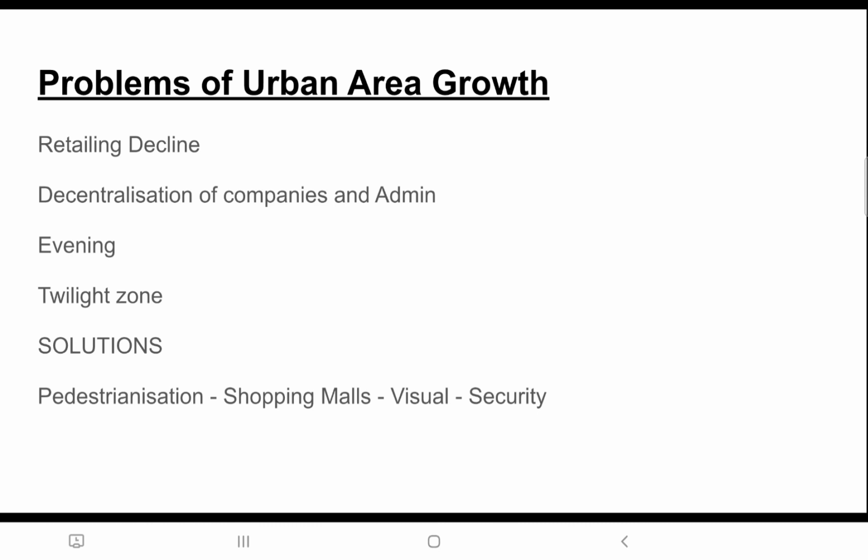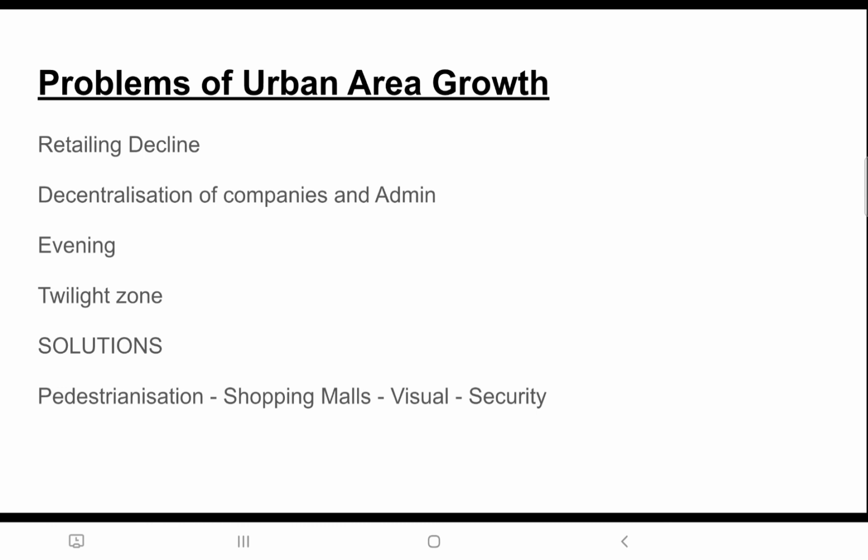So if more and more shops move out, then fewer people will go to the CBD to shop because there's less shops. More shops will then be forced to leave. There will be a downward spiral of decline, and then people's perception of the CBD may become one that it's a rundown area with empty derelict buildings, it's unsafe, it's dirty, it suffers from litter and graffiti, and people are not going to want to go there anymore.